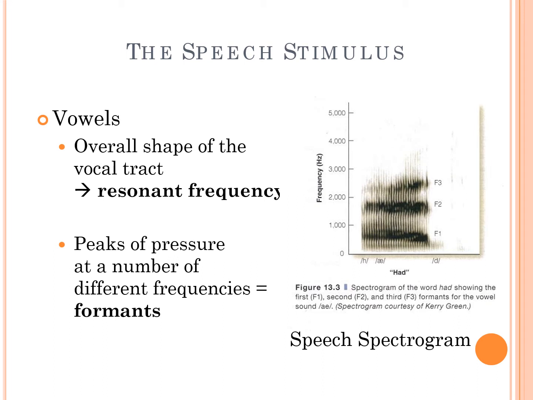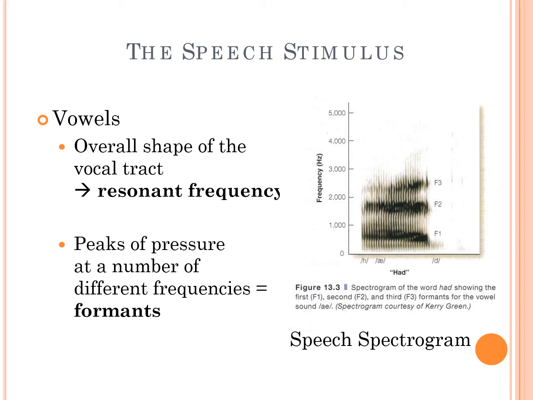A speech spectrogram includes, on the y-axis, you can see that that's frequency. So these are different pitches. And we have a number of different frequencies where we have peaks of pressure, so more intensity, more amplitude at those particular frequencies. And these different frequencies are called formants, where we have those peaks of pressure.